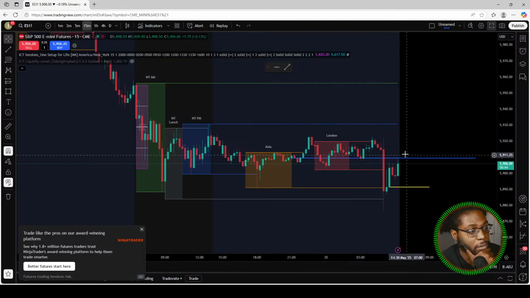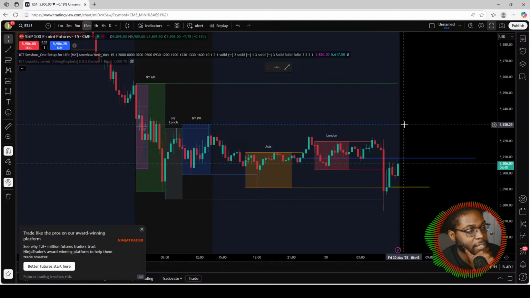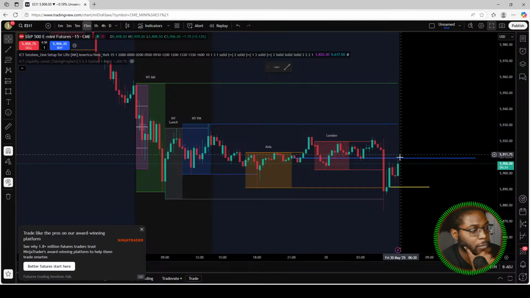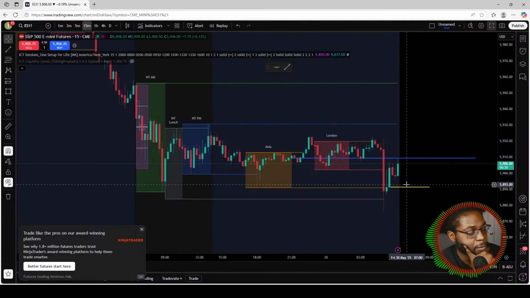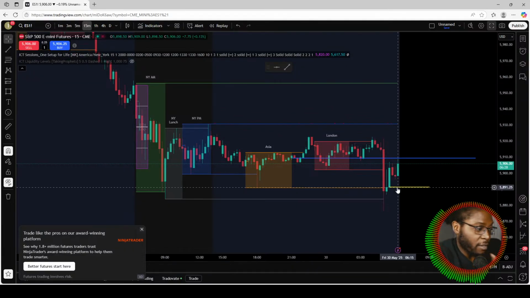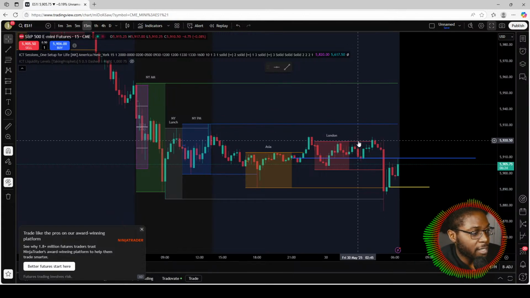So we would normally expect it to come up and take this PM high. We're just gonna wait and see what happens, see if we're getting that type of energy. If the candles are presenting themselves for us to go long, then we're gonna take that long.